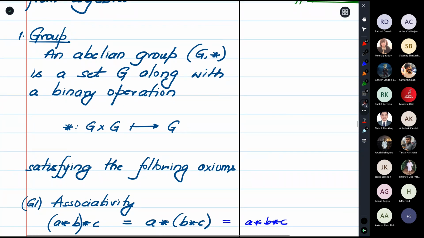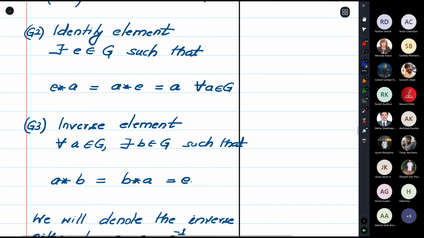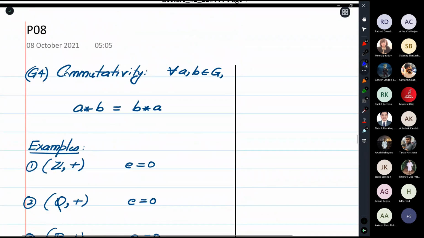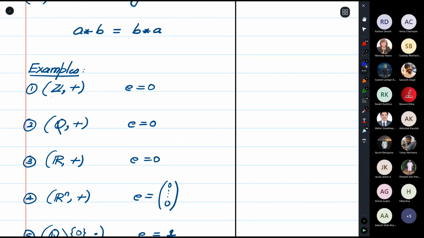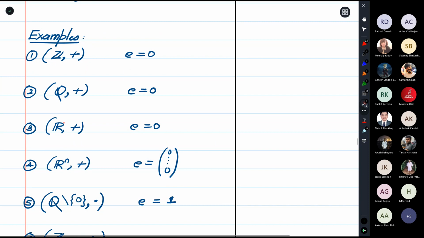The reason is that let's look at a bunch of examples that are groups. So here are a bunch of examples: the set of integers along with the usual addition operation, or the set of rational numbers with the usual addition operation, the set of real numbers with the usual addition operation, the set of vectors in Rn with the usual addition operation.